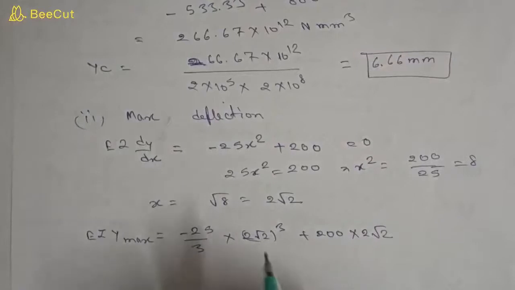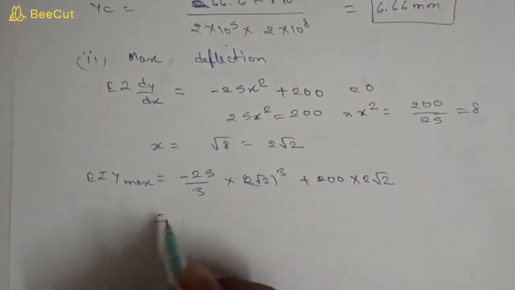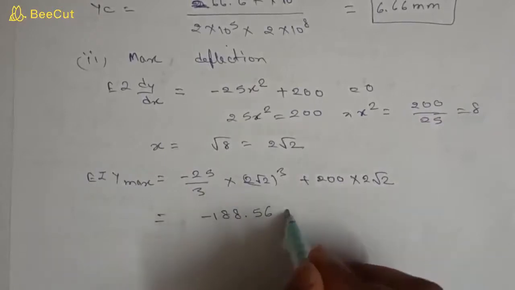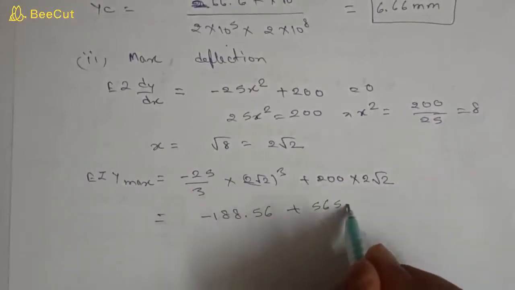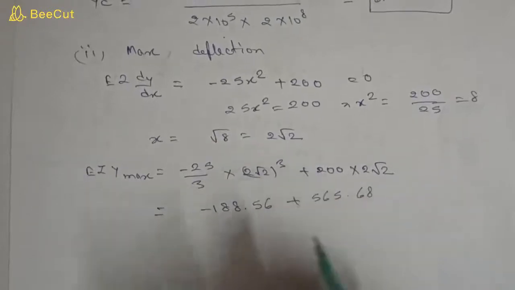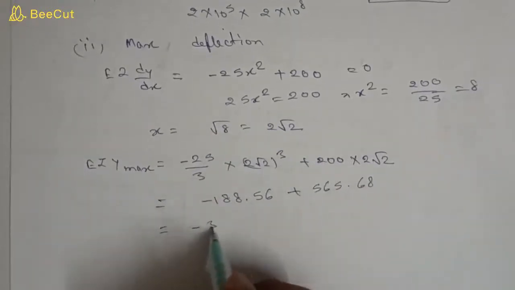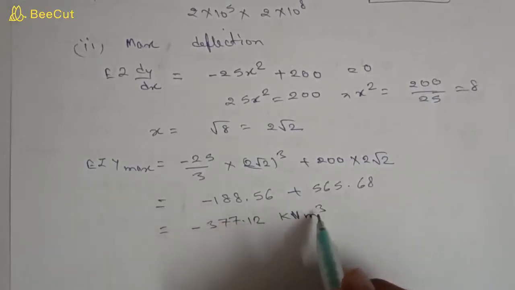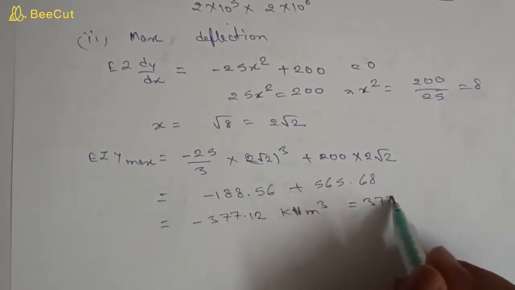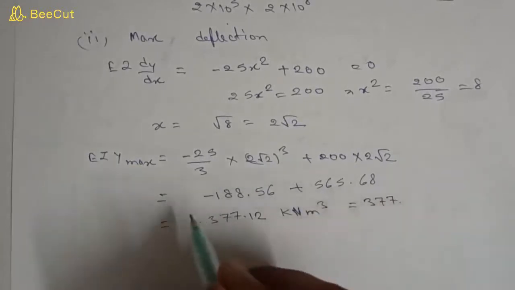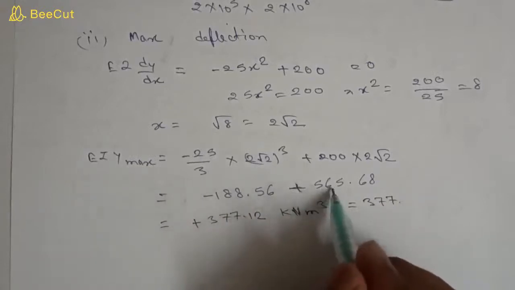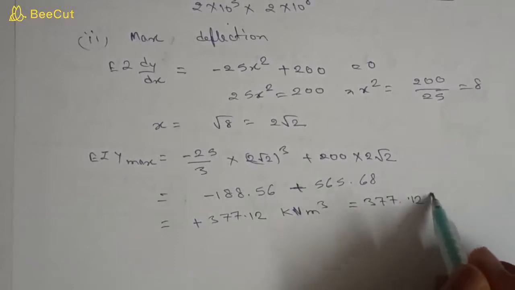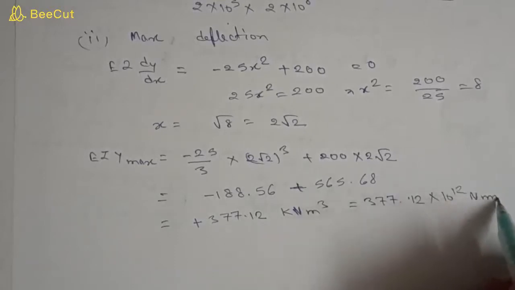If you calculate this, then you will get minus 188.56 plus 565.68, so it will be equal to minus 377.12 kilonewton meter cube. Sorry, it will become plus because this is 565 minus 188, so plus 377.12 into 10 to the power 12 Newton mm cube.